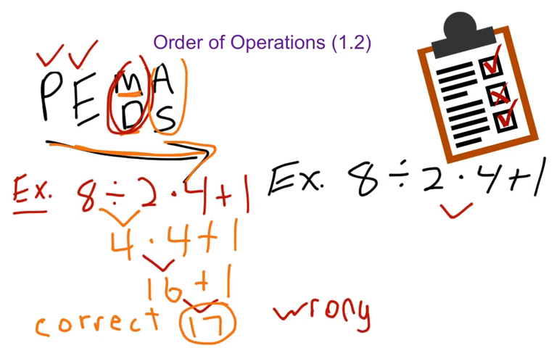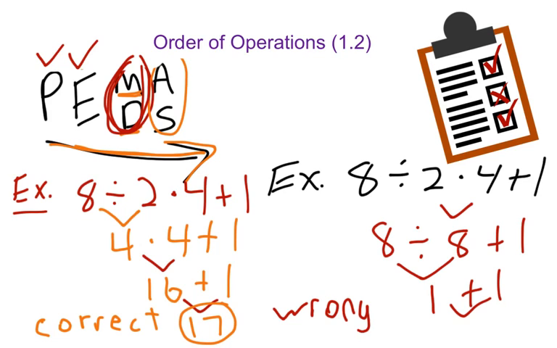But if you would have done multiply first, we would have gotten 8 here, and then brought this down. 8 divided by 8 plus 1, and then we would still do division before addition. So 8 divided by 8 is 1, plus 1 would be 2, and this answer is definitely wrong. But it's the same question, so if you do them out of order and don't follow the order of operations, you will get the questions wrong most times.